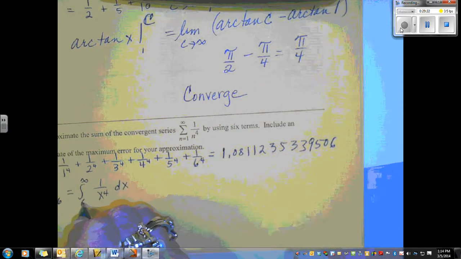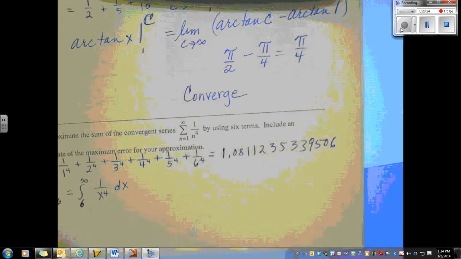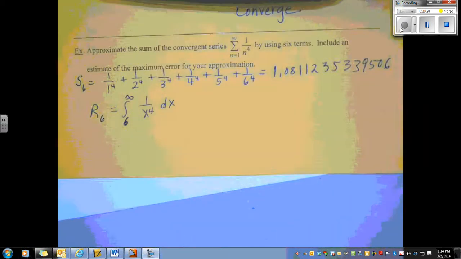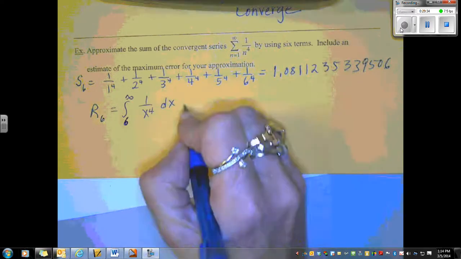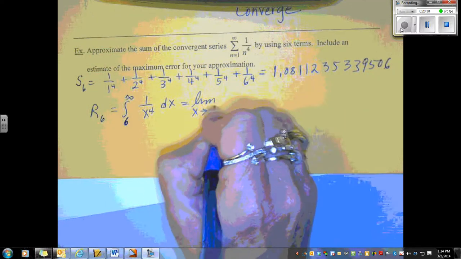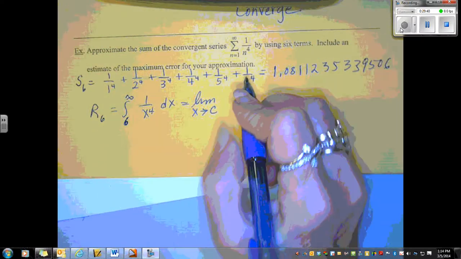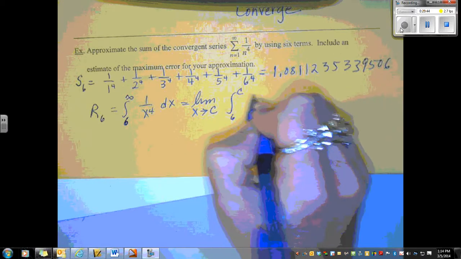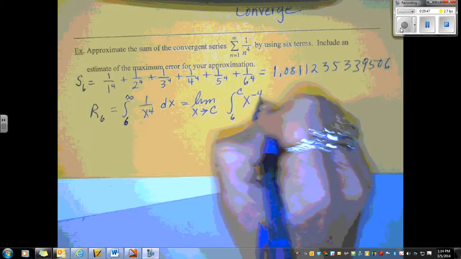This is a 6. Oh, look at you. Better? Okay, so that means I have to say limit as c goes to infinity of the integral from 6 to c of x to the negative 4 dx.